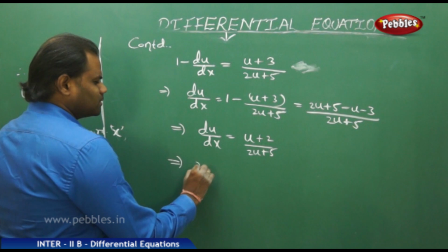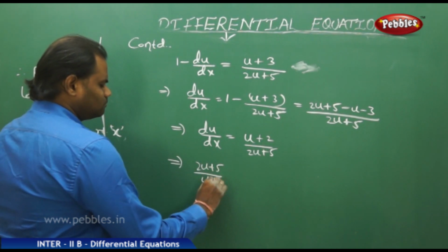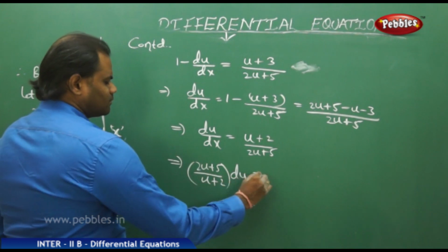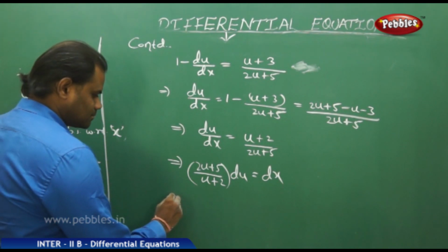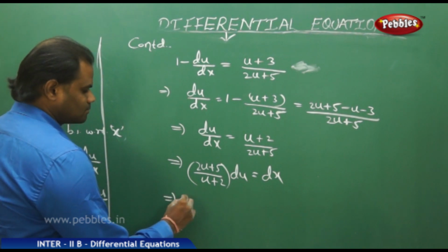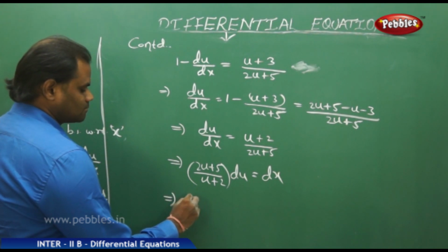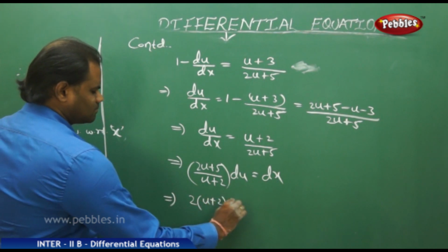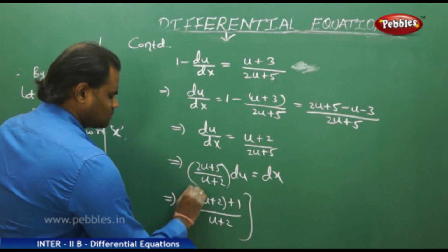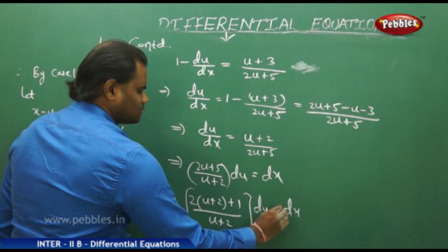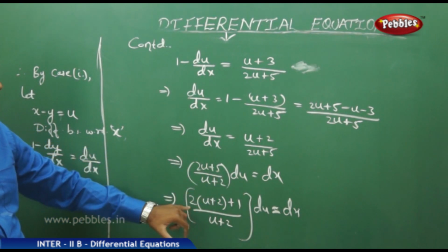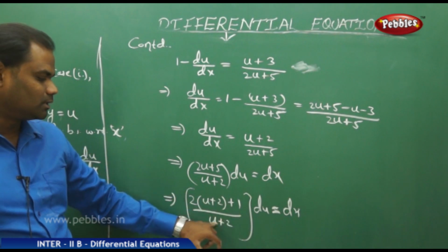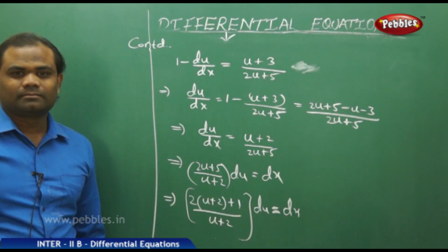Then separating into variables, 2u plus 5 by u plus 2 of du equals dx is what we get. When we simplify this, 2u plus 5 can be written as 2 times u plus 2 plus 1, by this du equals dx.